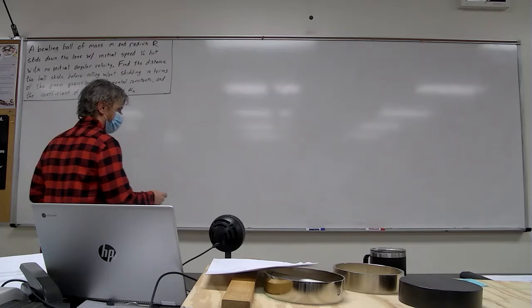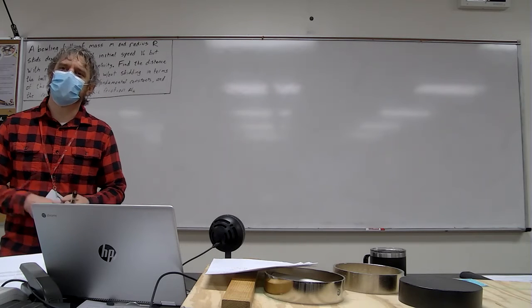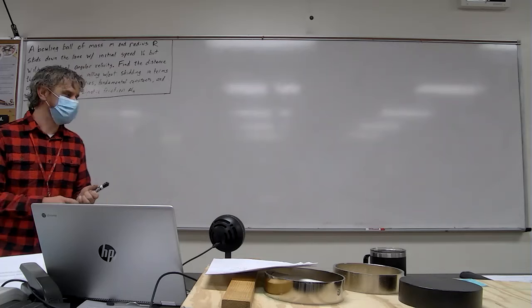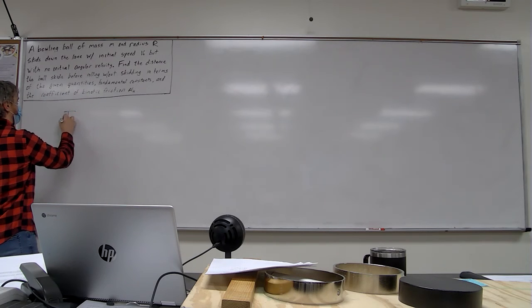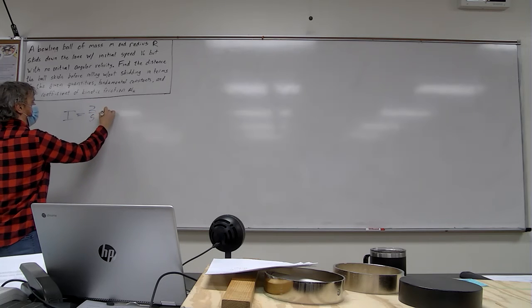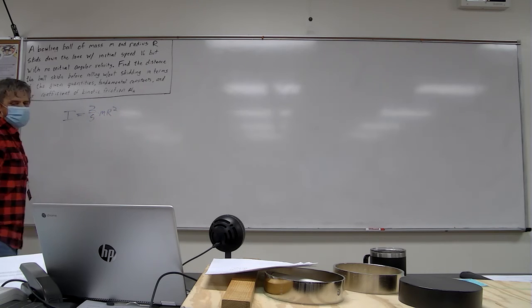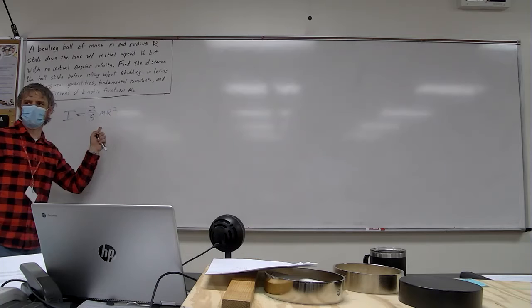We must know, by the way, that we are dealing with a bowling ball, which is not a solid uniform sphere, but let's pretend it is. So the rotational inertia for a solid sphere is 2/5 m r squared. You can determine this by doing the integral.